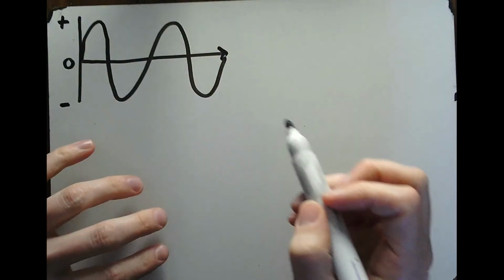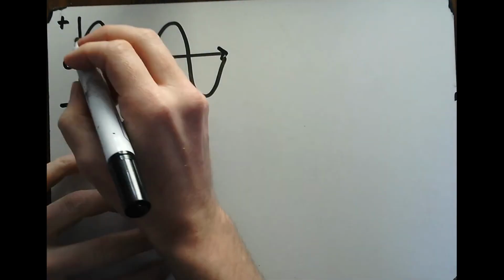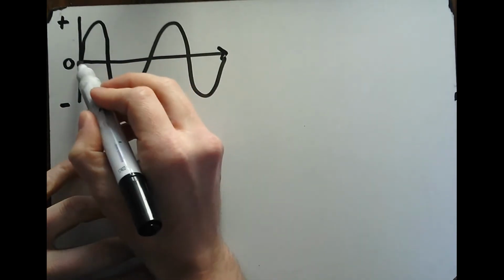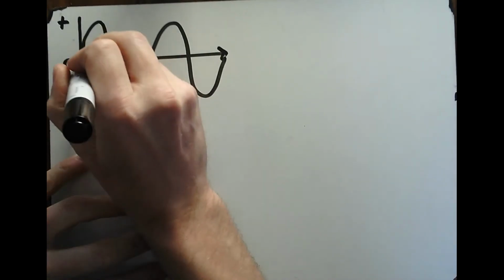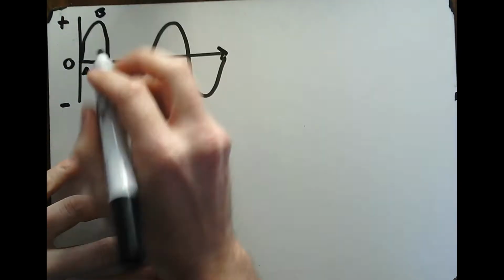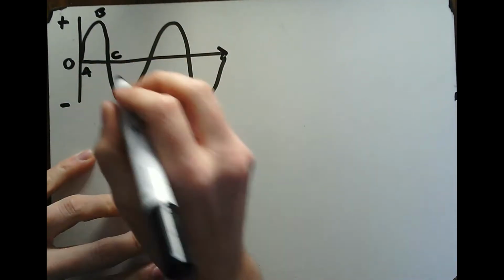I'm going to label this wave for you, and we're going to talk about it, and I'll show you some examples in this area of the board. This part here, when the wave very first starts, on the line of zero disturbance, we're going to call part A, and then part B is here, at the very top of the wave. Part C is when we're back down to the line of zero disturbance.